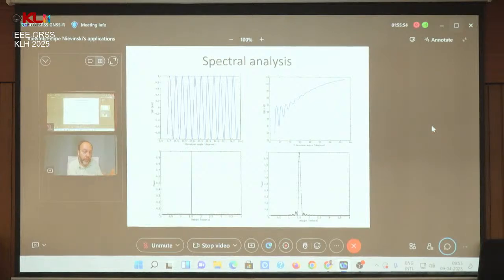But when we do the spectral analysis for altimetry, the independent variable is no longer time, but a quantity related to the observation geometry. So the frequency here, in air quotes, is actually your reflector height. So that's a very robust estimate against random noise.